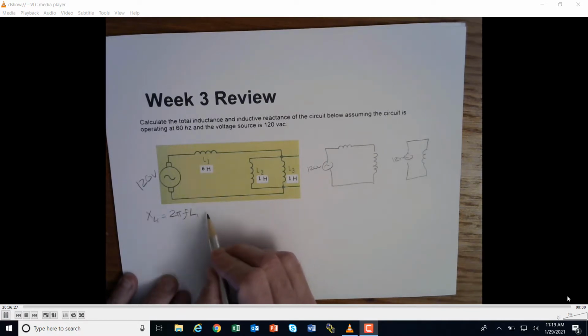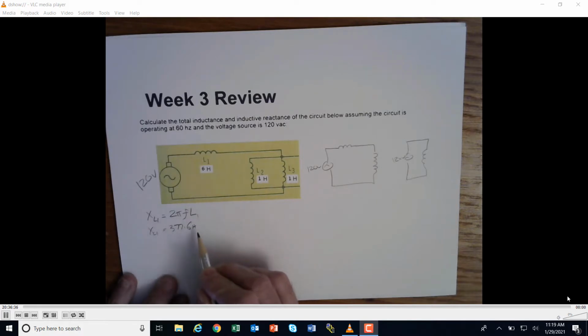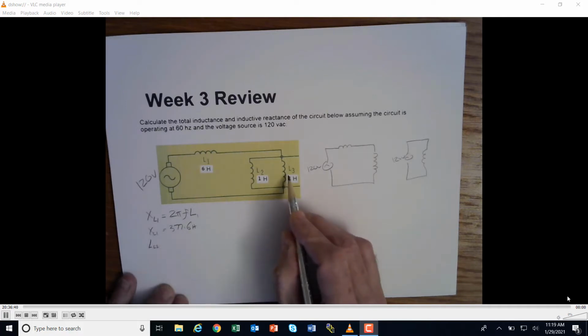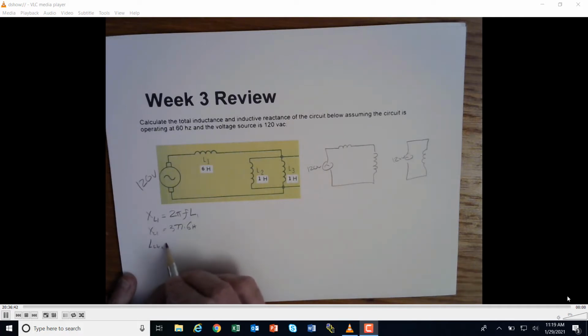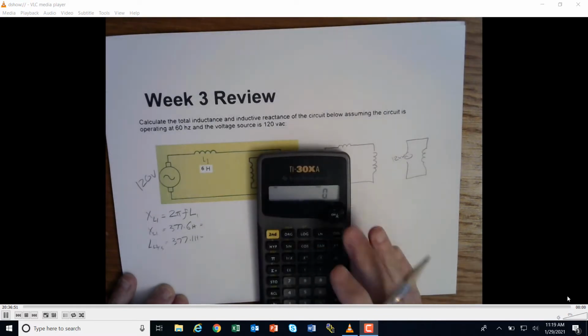That first one, XL1, is 2 pi F, which is 377, times 6 henries. And these two right here, XL2, are both the same, 377 times 1 henry. Okay?